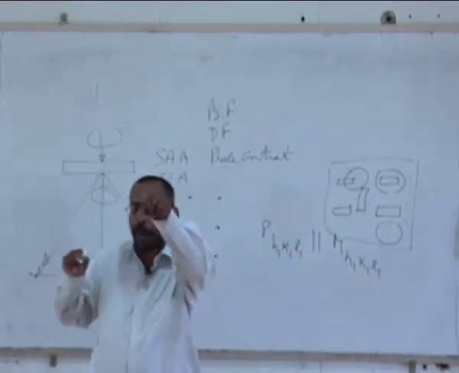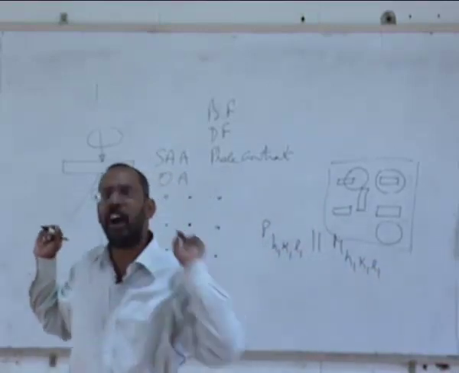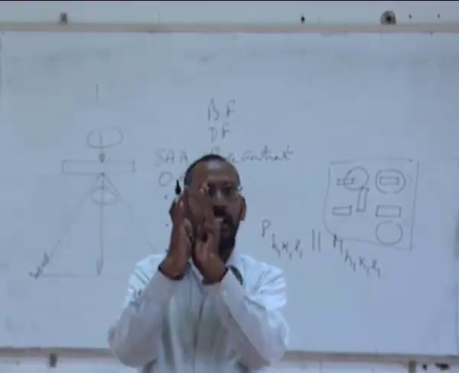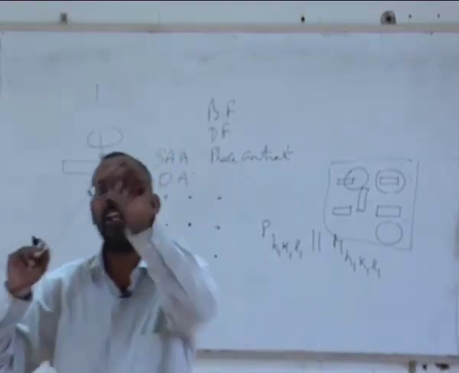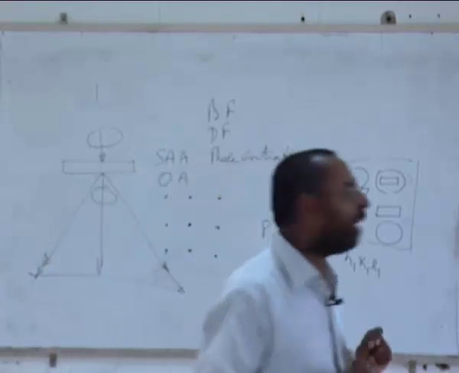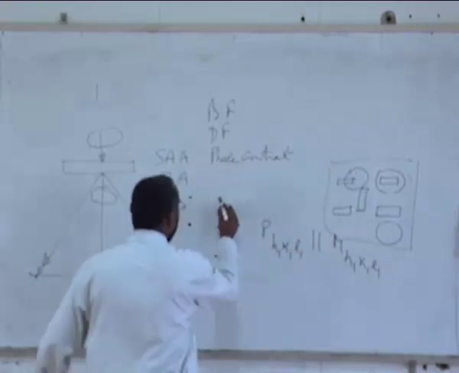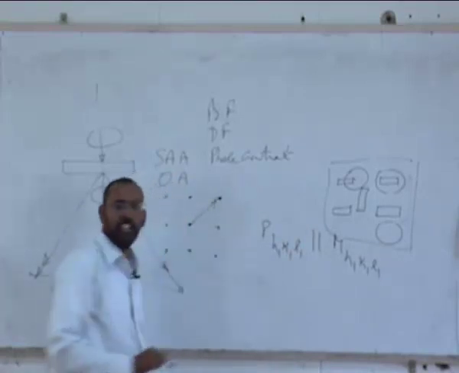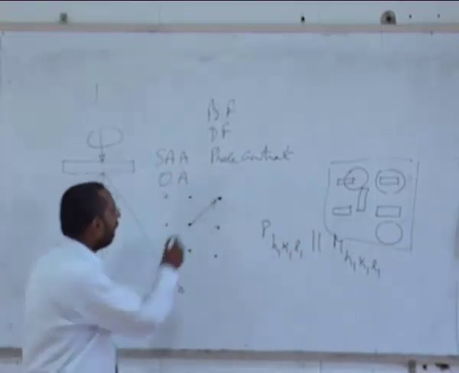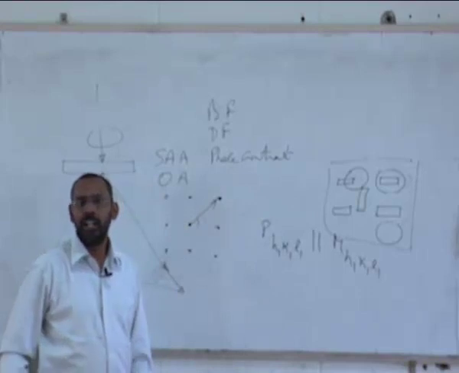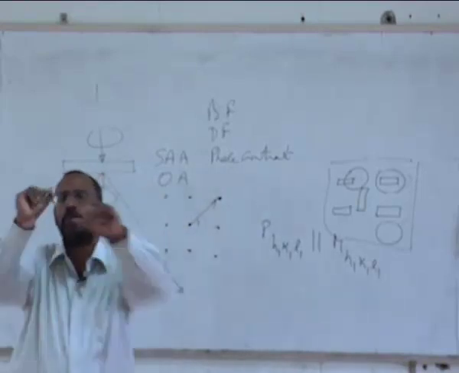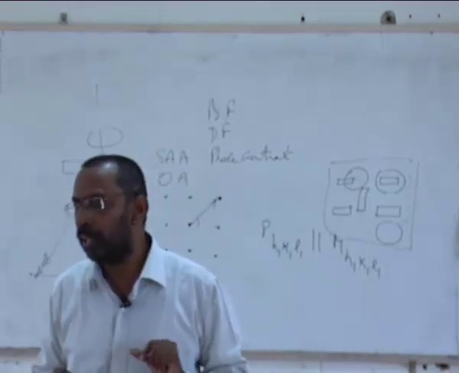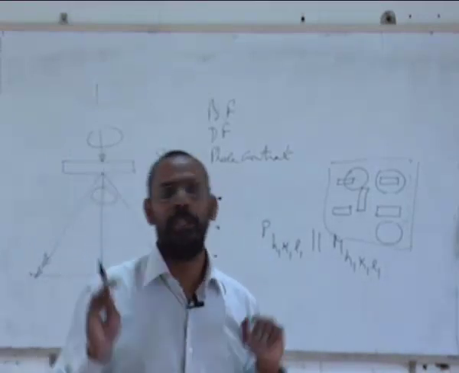If they are only parallel, then only they will exactly fall at the same space, right? Only when these two are parallel. Otherwise, they will not fall at the same spot, because this spot means a certain distance, certain d-spacing, and certain angle. Okay? If two spots are falling at the same place, that means their d-spacings must be equal, and their angles must be equal.